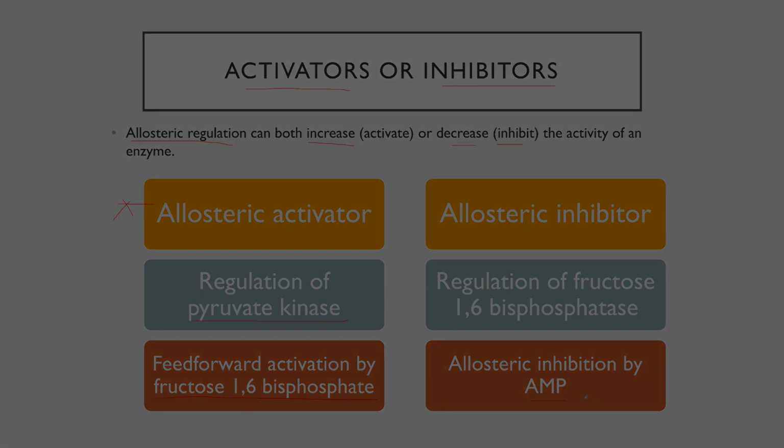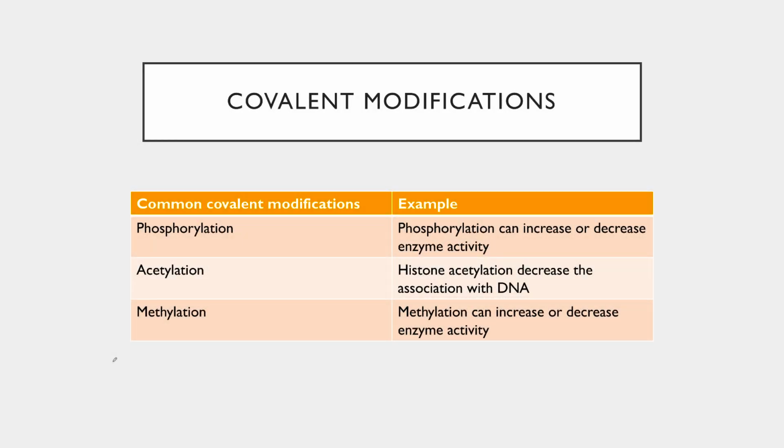and reduce the overall production of glucose. Enzymes can also be rapidly modified through covalent modifications, and the most common covalent modifications that we'll discuss are phosphorylation, acetylation, and methylation. Protein phosphorylation is a highly versatile, selective process, and not all proteins are subject to phosphorylation.